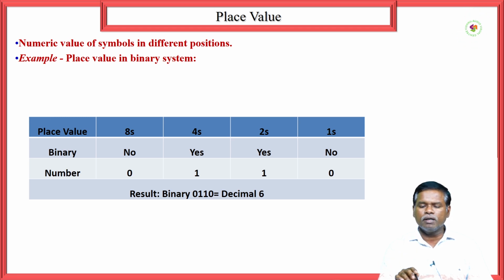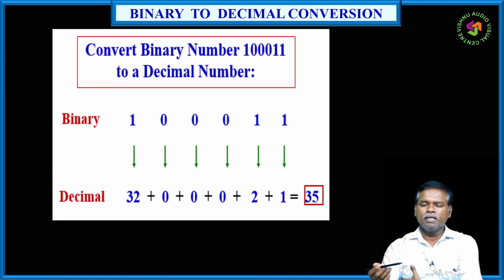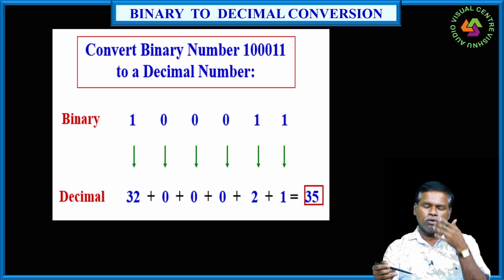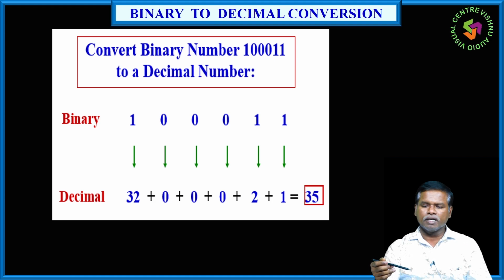Coming to the next point, here a binary number is given and we want to find its decimal equivalent.